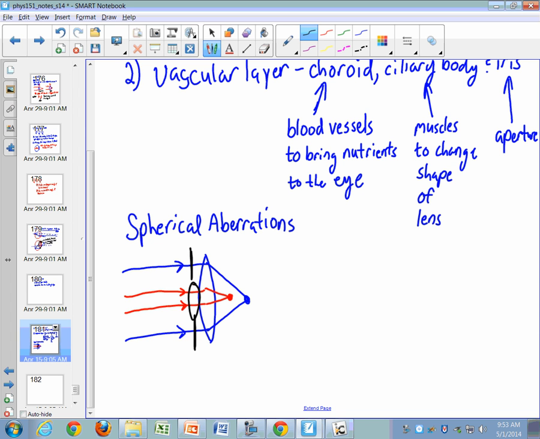If your eye didn't have this, things would just look fuzzy all the time, because you would have different focal points of light. You would have light focusing here and light focusing here, and you wouldn't get a clear image on your retina. So that's fairly fascinating. A very simple way to deal with spherical aberrations in the eye. All right, so the iris prevents spherical aberration.